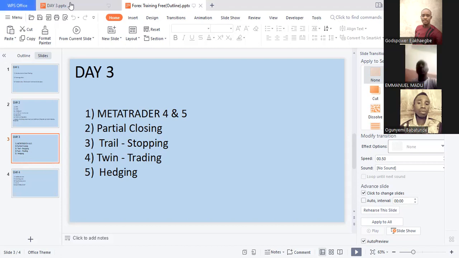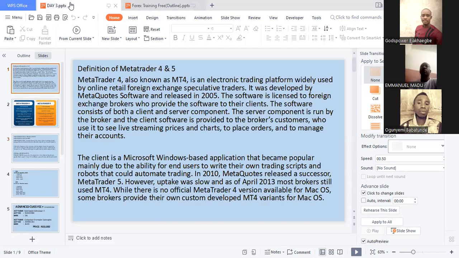So let's commence. Now, looking at my screen, I have MetaTrader 4 and 5. Like I told you yesterday or 2 days back, MetaTrader 4 is actually designed from Meta Code language. Are you with me? It was designed in 2005, and the software is licensed to foreign exchange brokers who provide it to their clients.